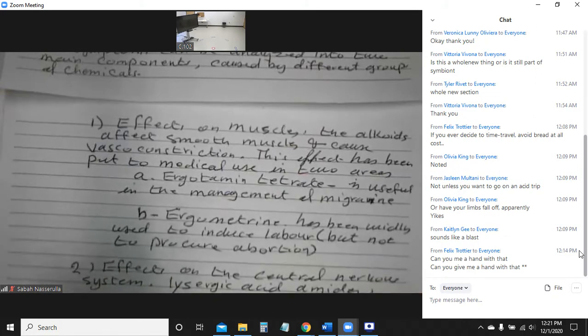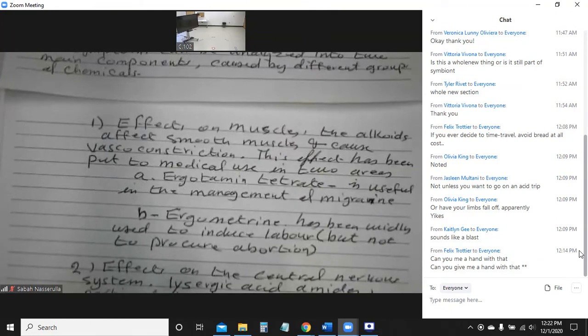Particularly the compound here, I'm going to put it down for you, called lysergic acid diethylamide. That in particular is basically the kind of drug people use, a very potent drug known as LSD.